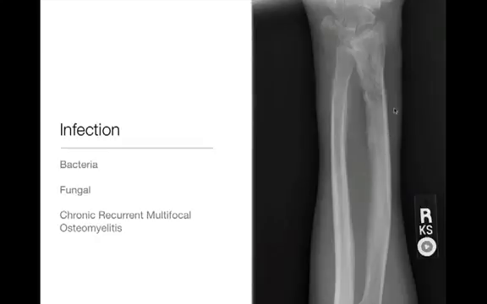This is a patient right here who has this permeative lesion in the distal radius, and there's a periosteal reaction, not only about the radius, but about the ulna. This was a focal area of infection, but there could be other areas of infection and a multifocal infection. So that's something to consider as well.